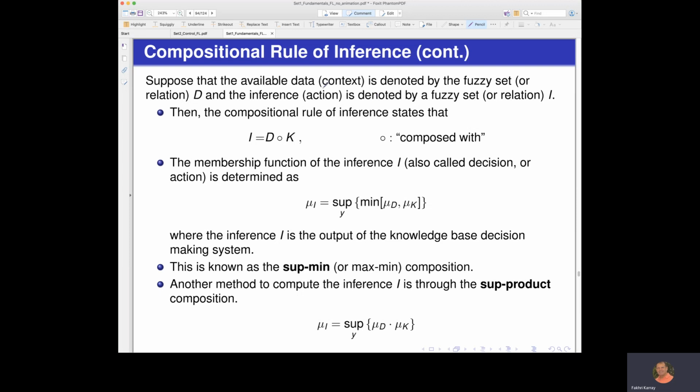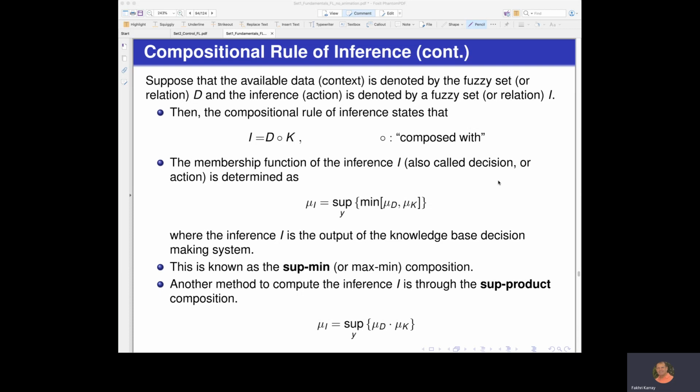Suppose that the available data, which we also call context, is the actual data that the system is receiving as an input to the model. So let's suppose that this particular system is receiving a certain set of input.